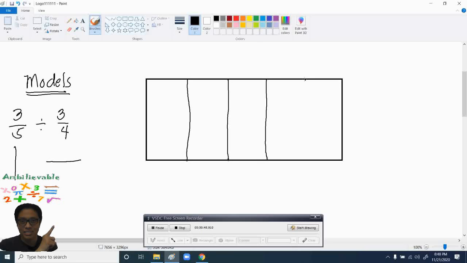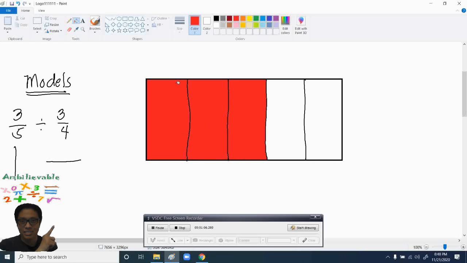So that is our 5 parts. Next step is to shade parts of our dividend, which is 3 parts. This is the first part, second part, and then the third part. Now you have your 3/5.